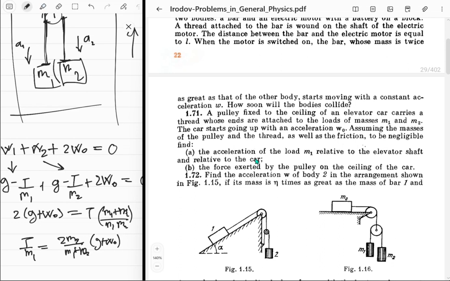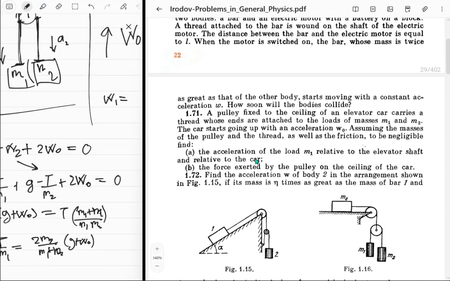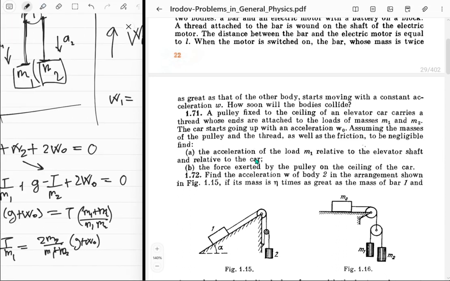Is this correct though? Looks correct. Fine, just do it. W1 is equal to G minus this tension upon M1, which is this quantity.